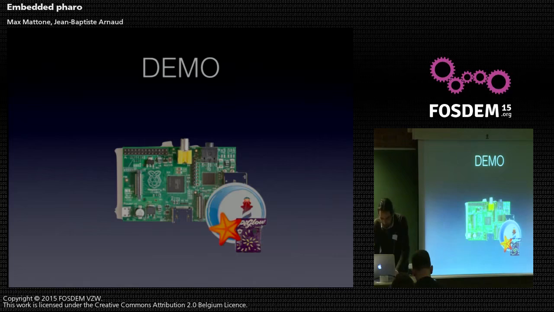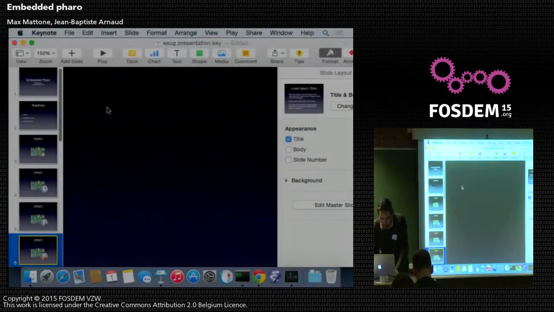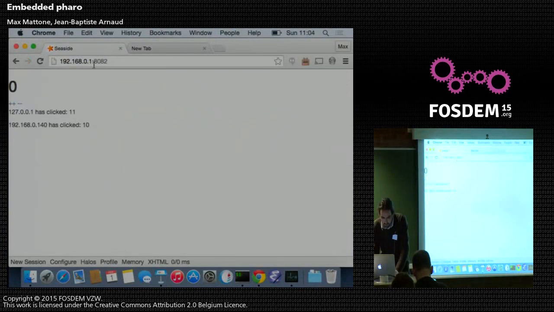So I'm gonna show you that. This is a sample counter that runs on the Raspberry Pi. And if I try to interact with it by incrementing it, you can see that the LEDs are turning on or turning off dynamically. It's basically a binary counter displayed on the different LEDs.